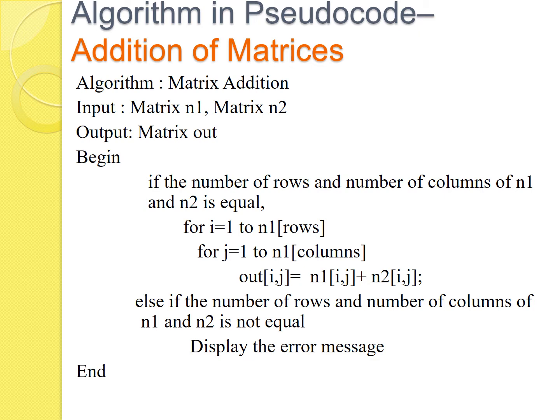And if the number of rows and columns are not equal in n1 and n2, the error message is displayed.